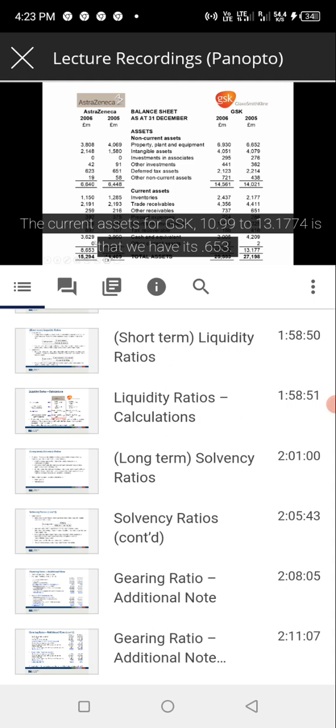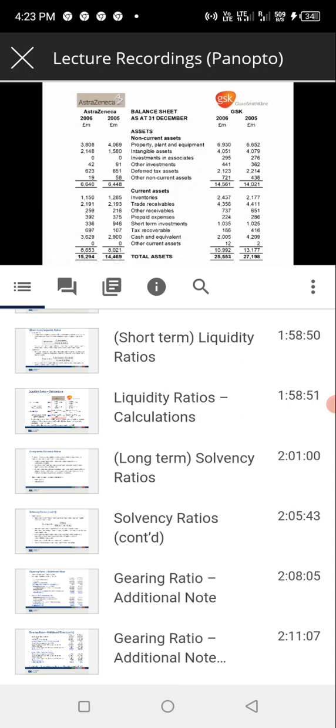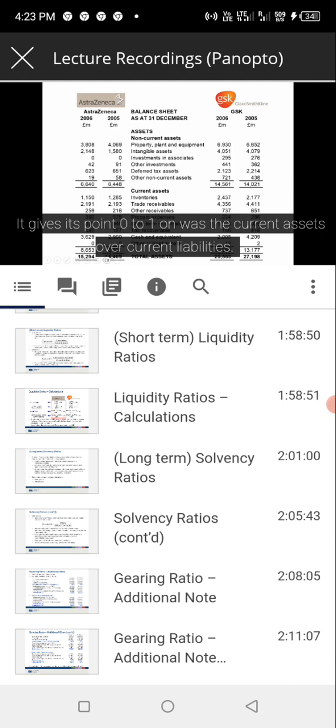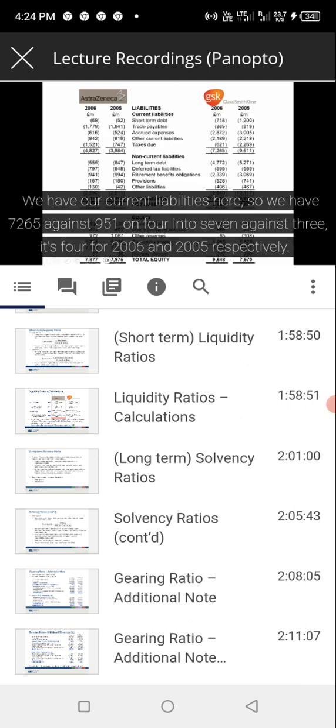For AZ, we have 8.653 against 8.021. And we say current assets over current liabilities. We have our current liabilities here, so we have 7265 against 9511 and 4827 against 3984 for 2006 and 2005 respectively.